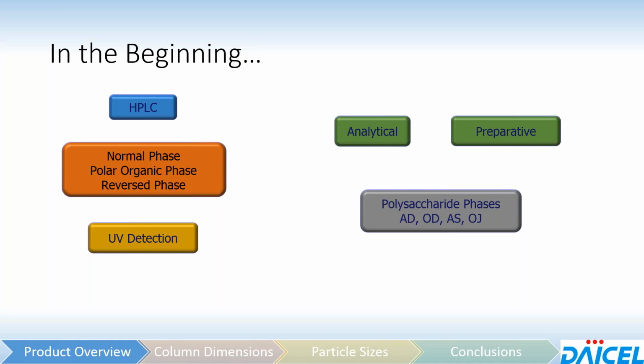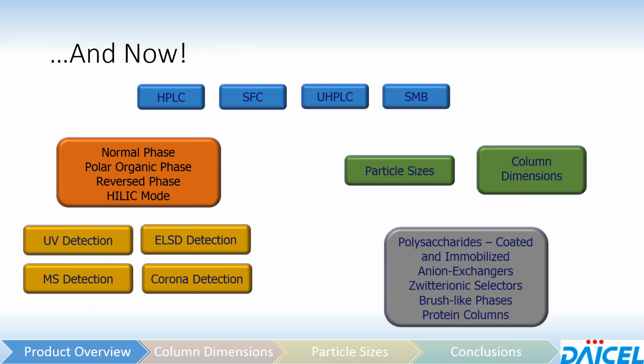There is a slight difference between analytical and preparative scale methods, not necessarily in column dimension and particle size, but more optimizing the method to be able to load more material on the column to run a preparative scale separation, for instance. The most number of choices came in the form of the polysaccharide phases or the chiral stationary phases that were available. And at that point, it was only the coded phases, things like AD and OD, which you are all probably very familiar with. But now the choices have expounded quite dramatically.